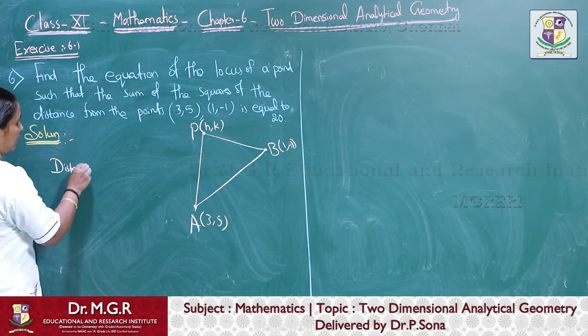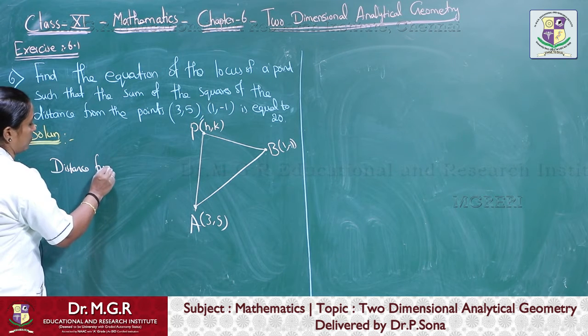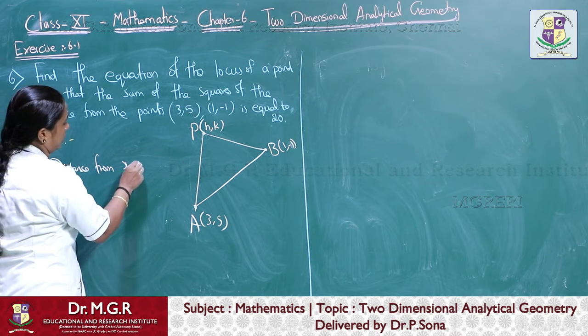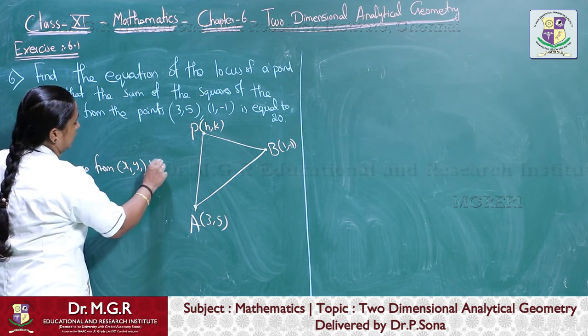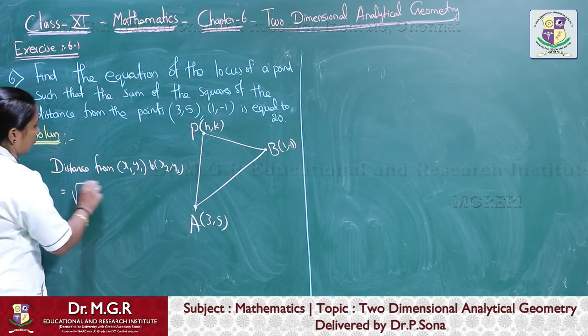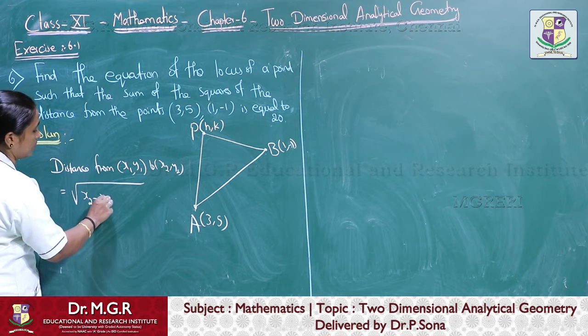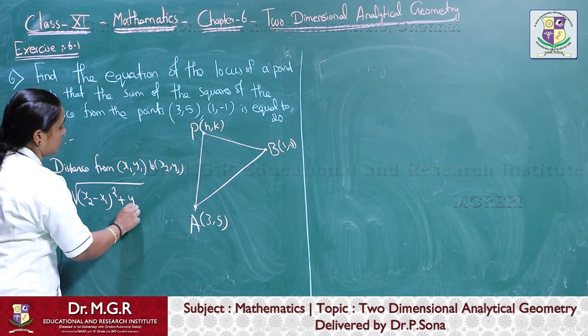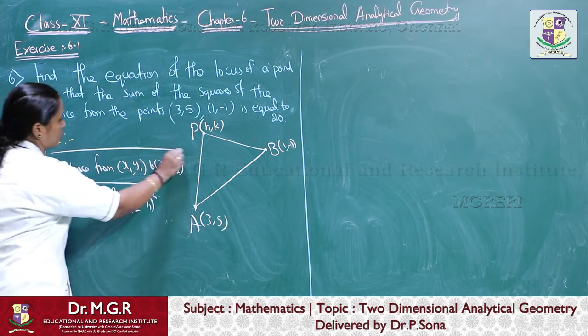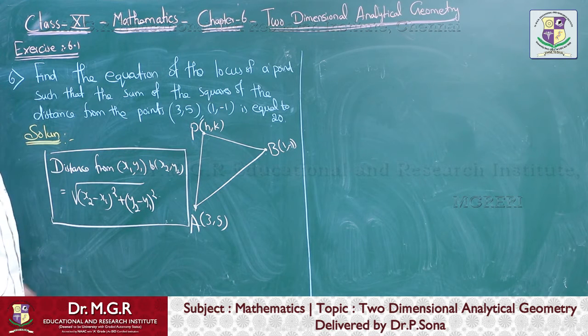So once again we can write the distance from the points (x1, y1) to (x2, y2). The formula is root of (x2 minus x1) the whole square plus (y2 minus y1) the whole square. We have used the same distance formula in the last question also.